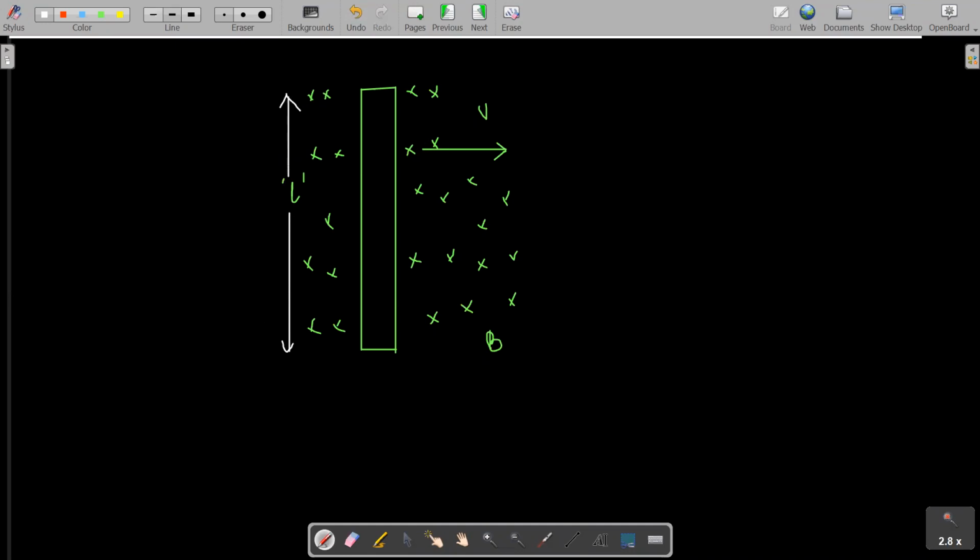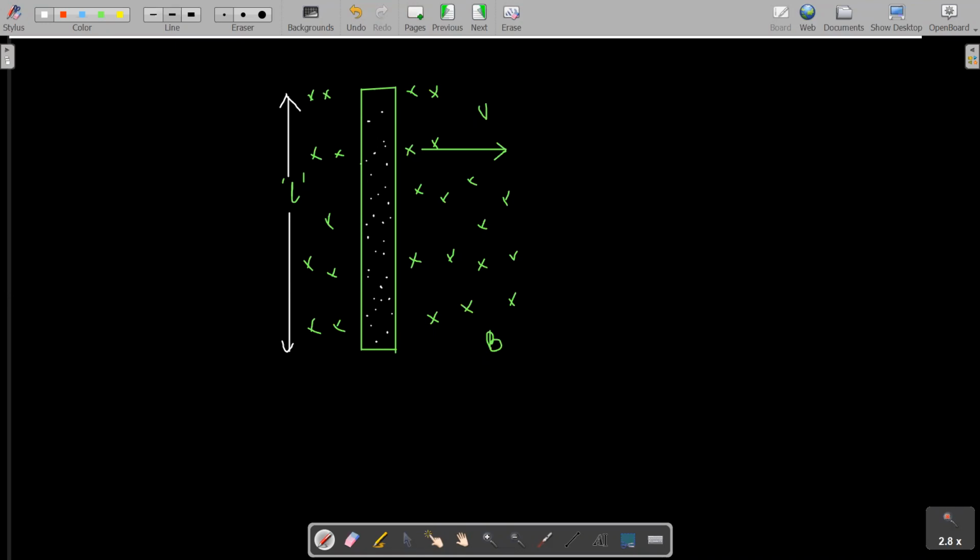So if this rod starts moving with v, then the charged particles in this rod will also start moving with some velocity v, right? Can we say that, students?